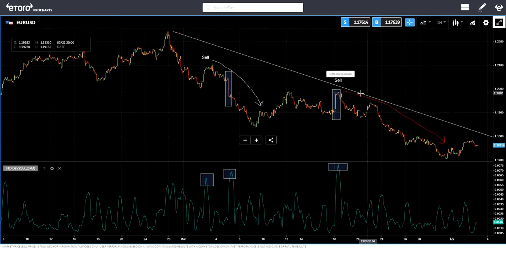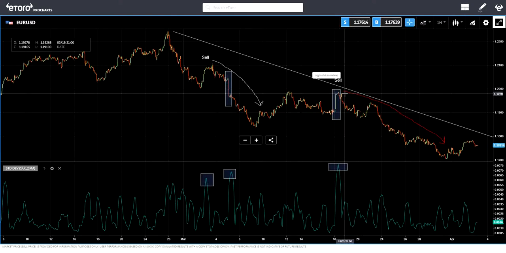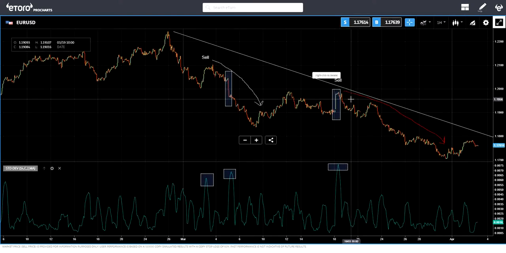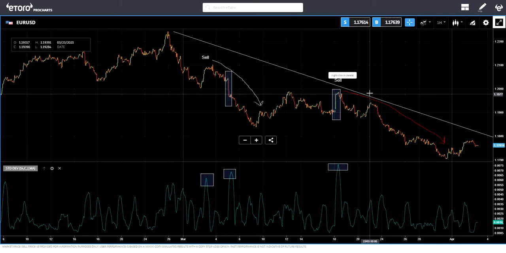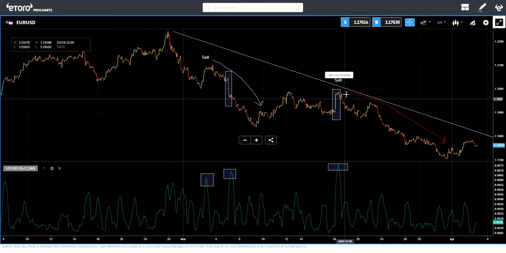For example, if here 1.1979, then this one high is 1.1927. So 1927, 1986, still nice, still very nice, 60 pips, sorry.